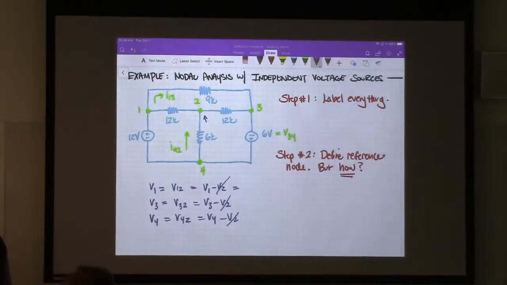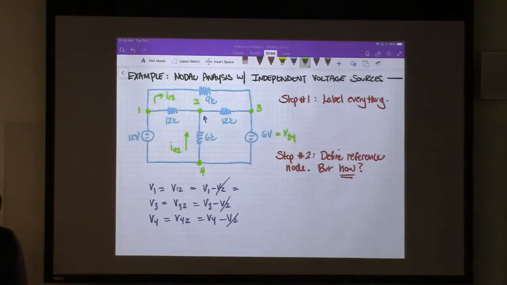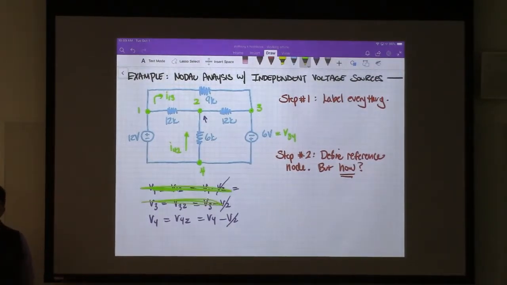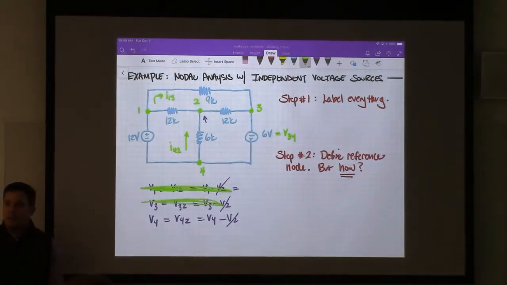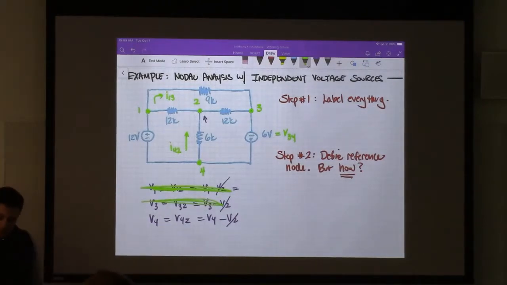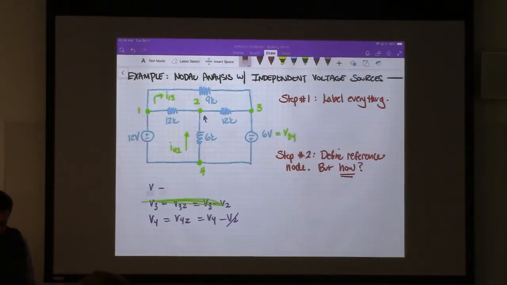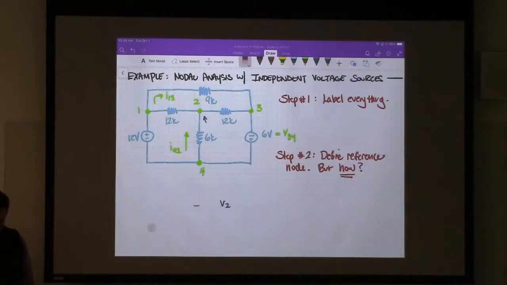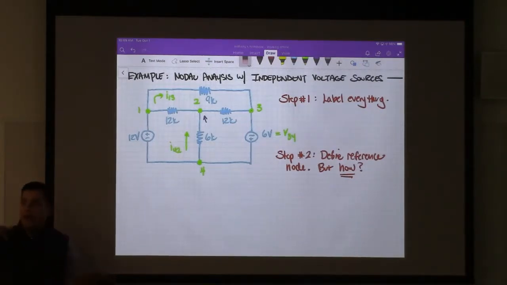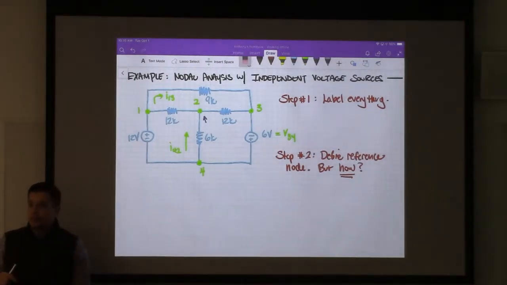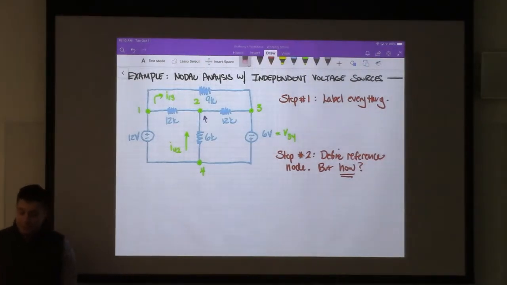Ideally, what we would want is to set up our reference such that we can just scratch 2 of those equations off altogether. And what that means is we would like the reference node to be one end of the voltage source, or as many of the voltage sources as possible.